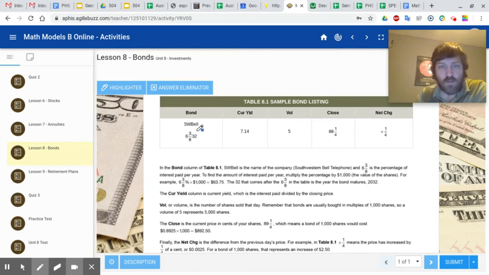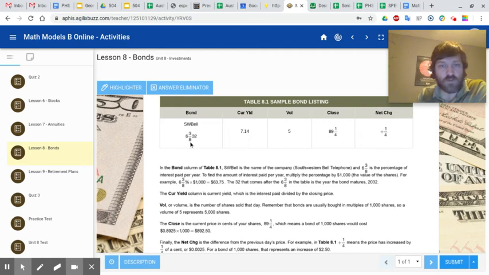And then the 32 is the year that you will get paid back. It's what they call the maturity year. So 2032. It's always the next date that has that ending. So this bond would mature in 2032.